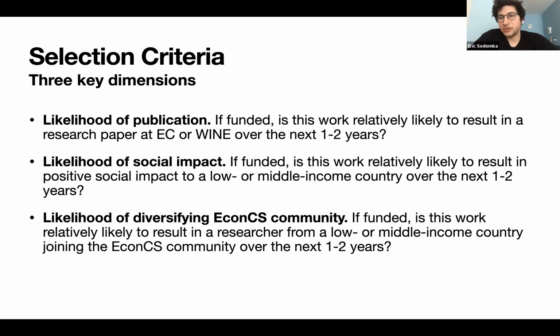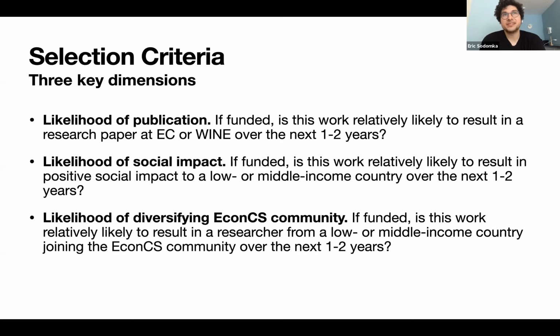So just to give you some idea of the selection criteria, because I hope that you do submit next year when we run this, we're thinking about 3 key dimensions. One is the likelihood of publication. If we actually fund this proposal, what are the odds that it will actually result in a research paper in the next 1 to 2 years? Second is, how likely is this actually to have some real world impact?